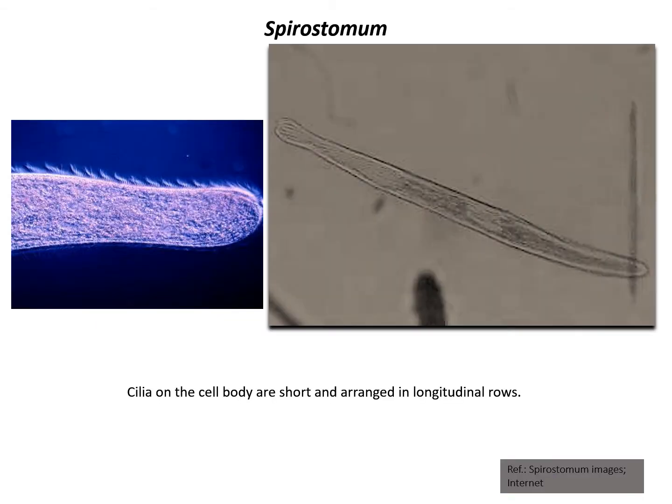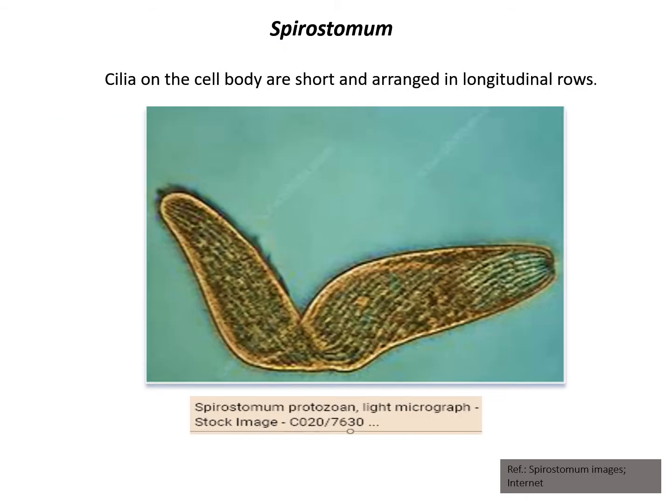The photomicrograph on the right shows general ciliation in a faint pattern. The picture to the left shows the membranelles of the peristome. The cilia of the cell body are short and arranged in longitudinal rows.